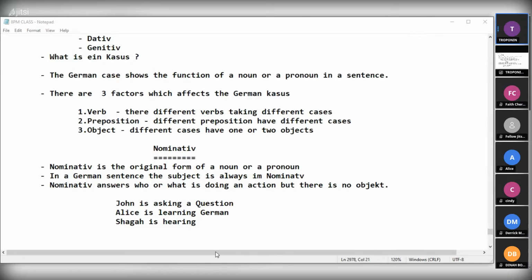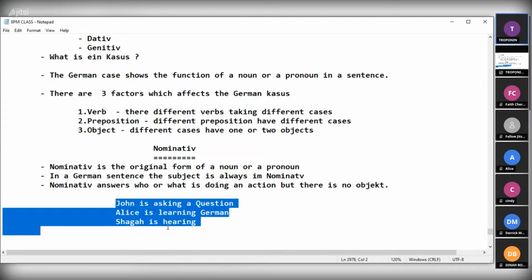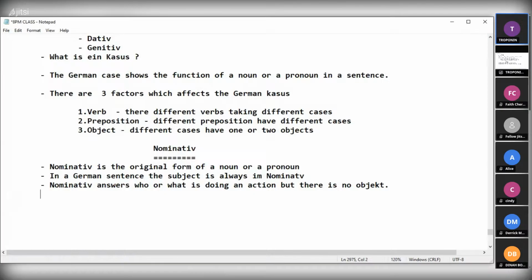Subject can be a noun or a pronoun. So let's see. Let me remove these ones. So subject can be a noun or a pronoun.